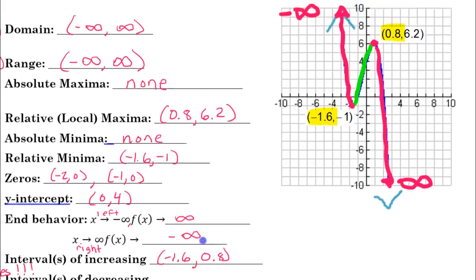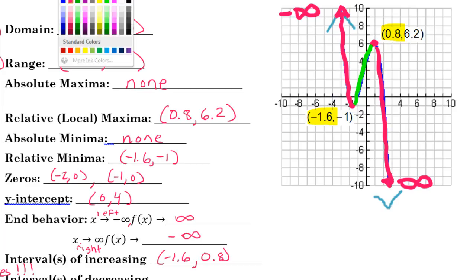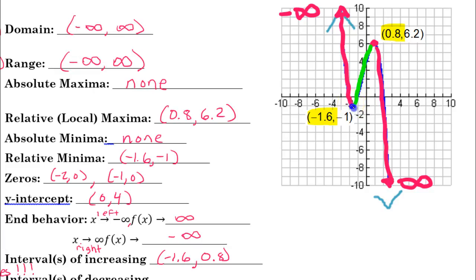We always use round parentheses for increasing and decreasing intervals. We're leaving out the point right here at the very end. We're leaving out this spot because it's decreasing on the way to it, it's increasing on the way from it, but right at this point it's neither increasing nor decreasing, so it should not be included in the interval.